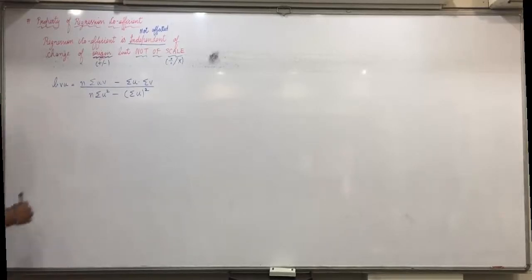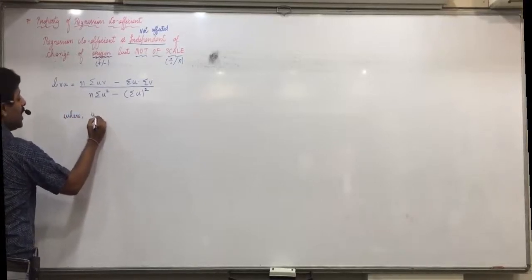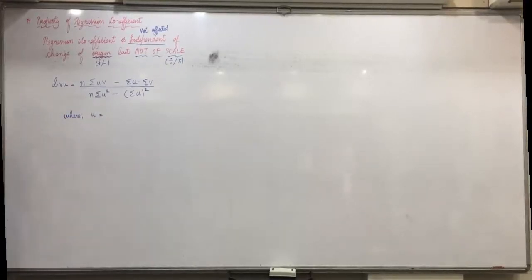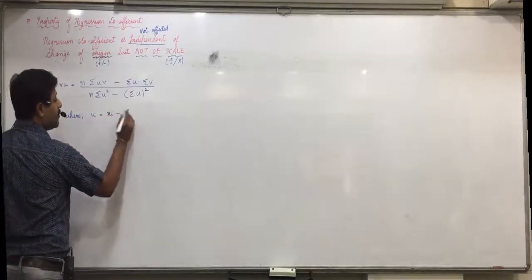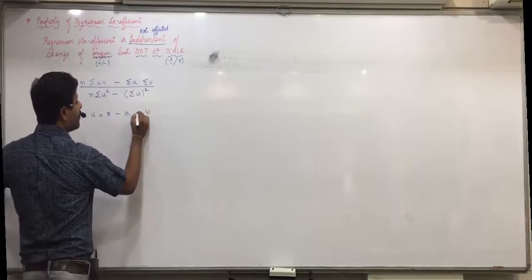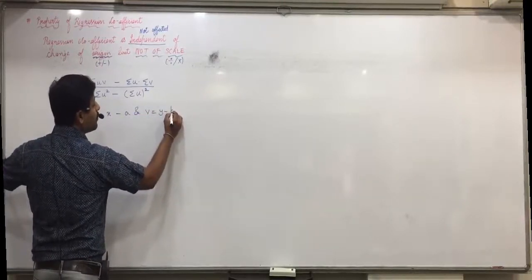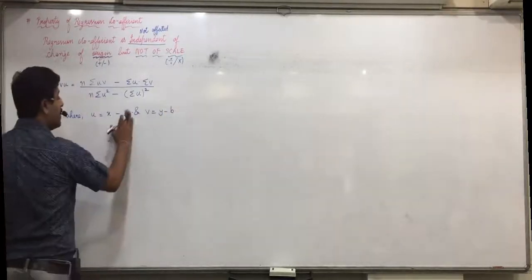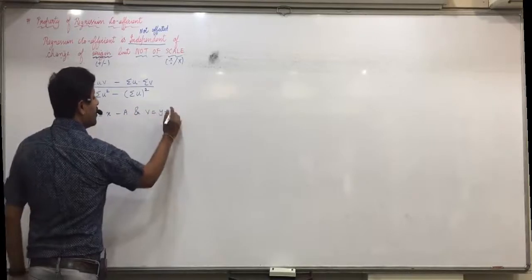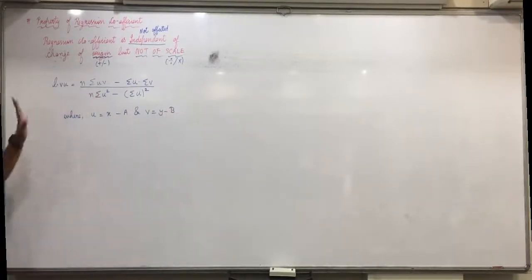Now, how do we obtain U and V? Two methods we studied. One is U equals X minus A, and V equals Y minus B. Let us call them capital A and capital B, so that this B doesn't get mixed up with the other B. Any confusion in that?